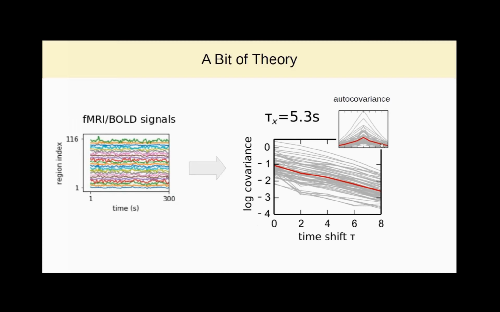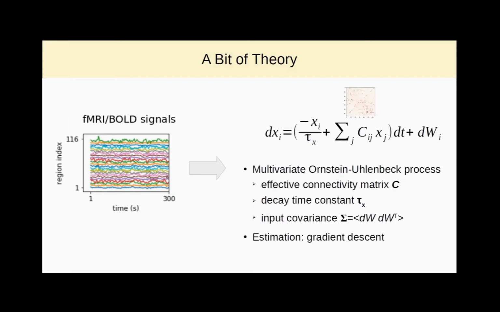This is just half of the small inset here, but plotted with the log axis. The main point is that all these brain regions have the same kind of memory. So we can model them with a dynamic model, which is a network model of this form.